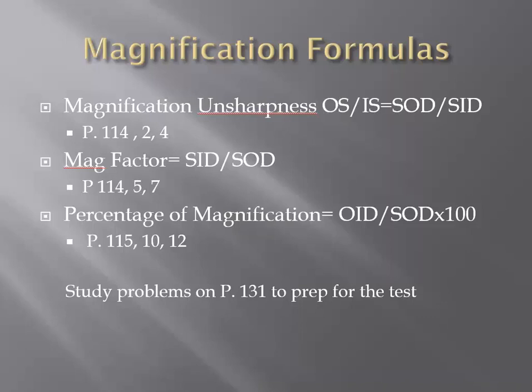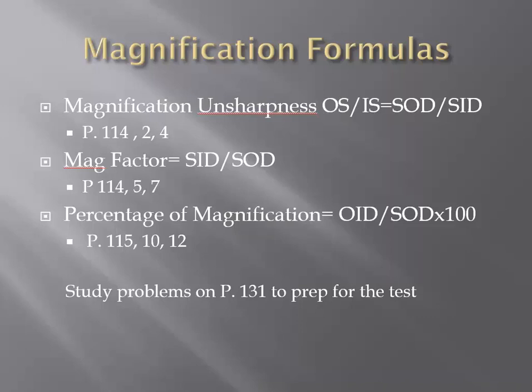So number 4, determine the size of the projected image of an object that measures 8 inches if using an SID of 48 inches and an SOD of 44 inches. You'd set it up as 8 over x is equal to 44 over 48, cross multiply, divide by 44, and you should have 8.7.